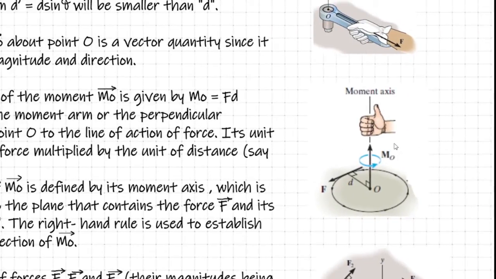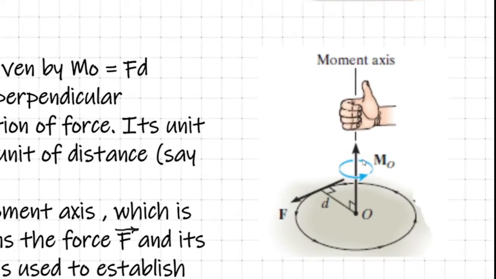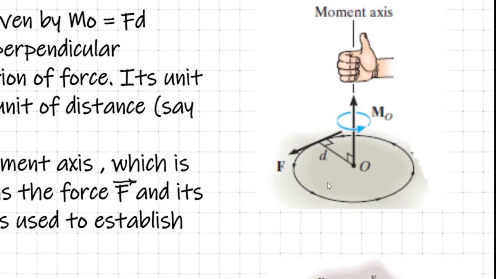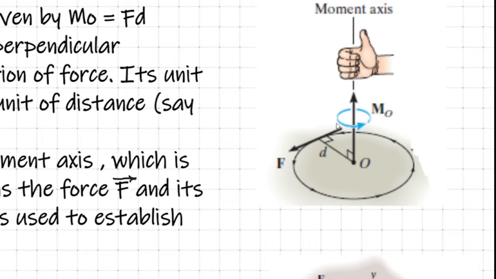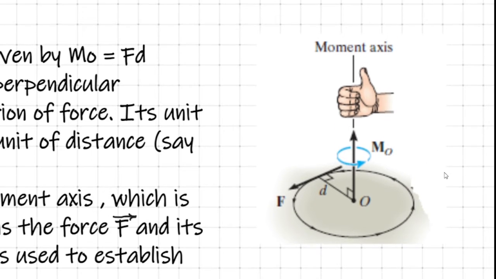In order to demonstrate how to clearly define the direction of the moment vector, here is a sketch. As you can see, the force F is applied at a perpendicular distance D from the point O. The magnitude is known to us, M is equal to F into D. Now, how can we define the direction of the moment vector? Here we have to follow some guidelines. Criterion 1: the moment vector must pass through the point O about which the moment is calculated.